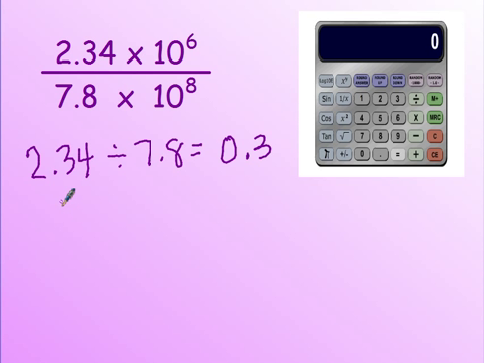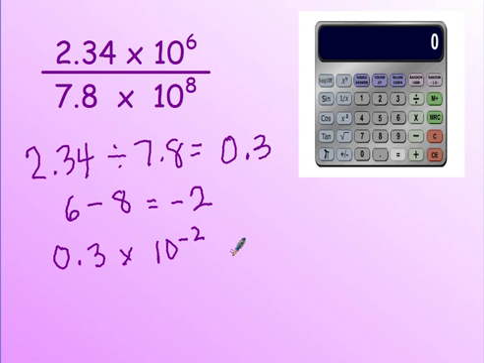Then I'm going to subtract exponents. My top exponent is 6. My bottom exponent is 8. 6 minus 8 leaves me with -2. So my answer is going to be 0.3 times 10 to the -2 power.